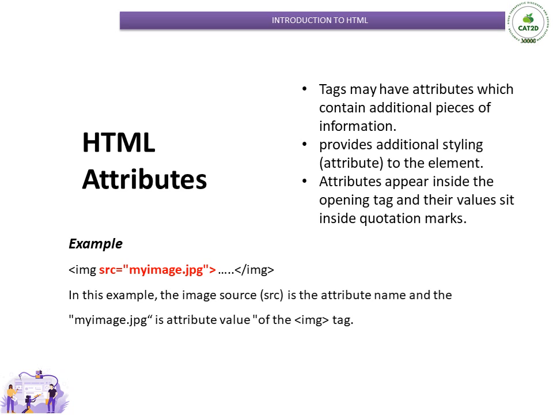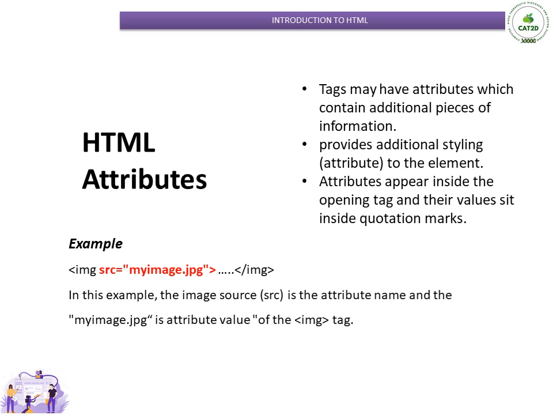Tags that have attributes contain an additional piece of information that provides additional styling to the elements. When you have a tag and you need additional styling to that tag, then you are referring to attributes. For example, you have a header tag, and you want to make that header red.